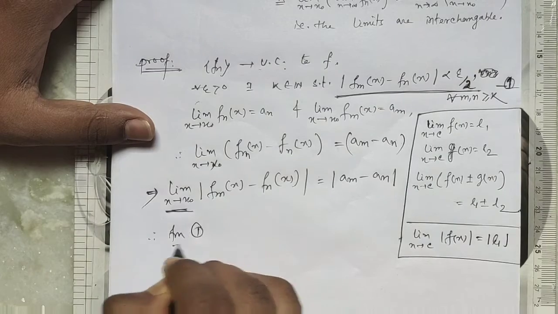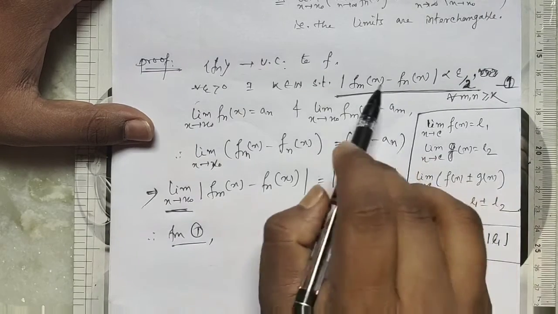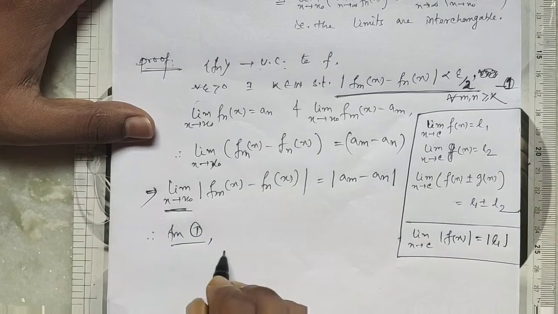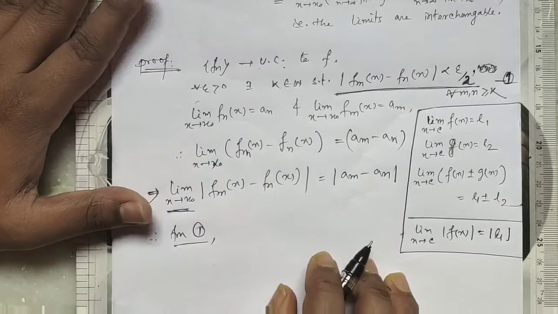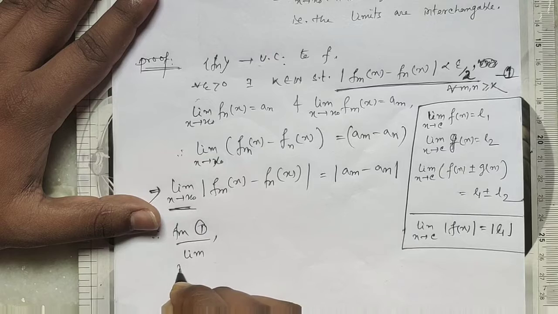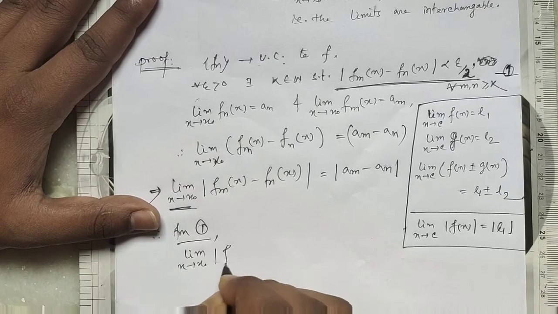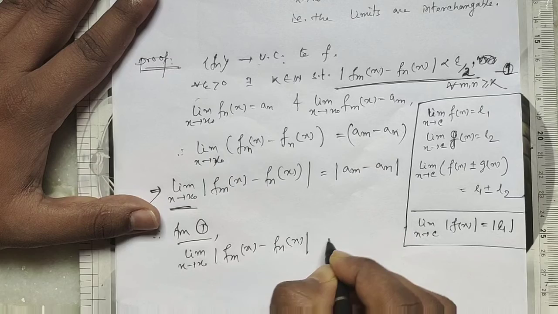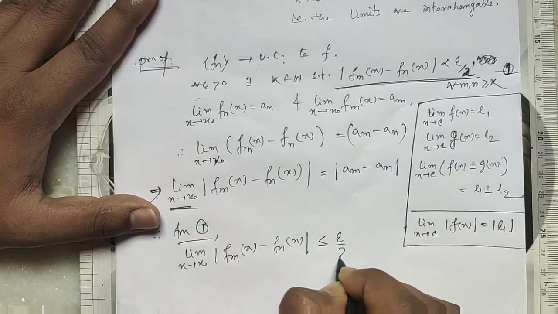So from 1, taking the limit as x tends to x0 on both sides, we get the limit as x tends to x0 of mod of fm(x) minus fn(x) is less than or equal to epsilon by 2.